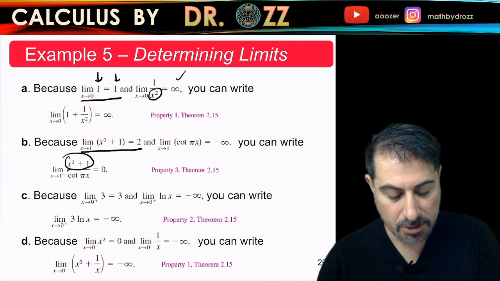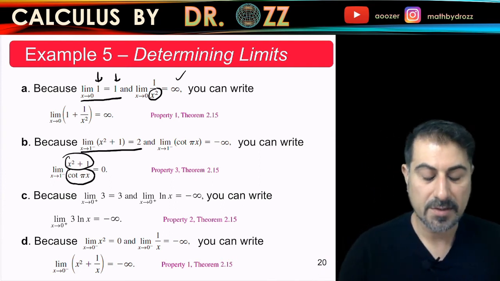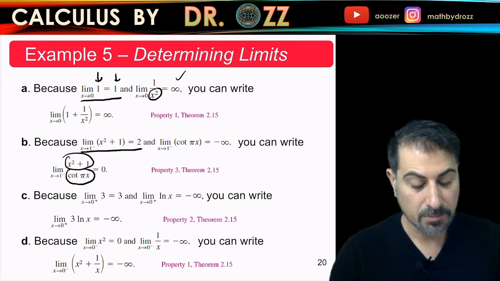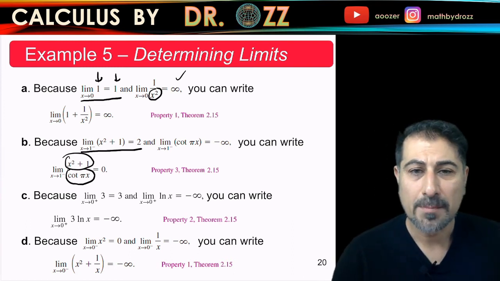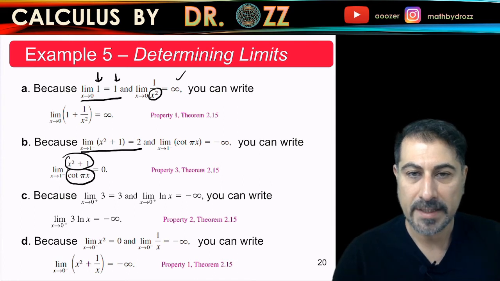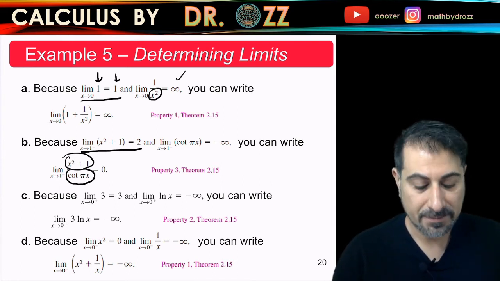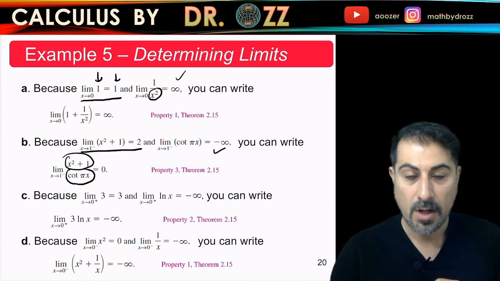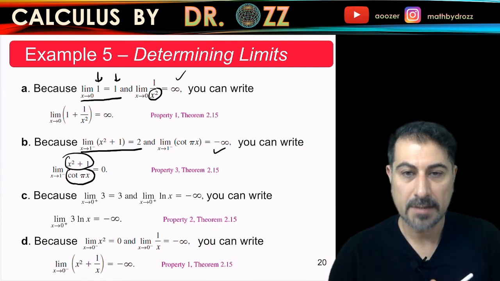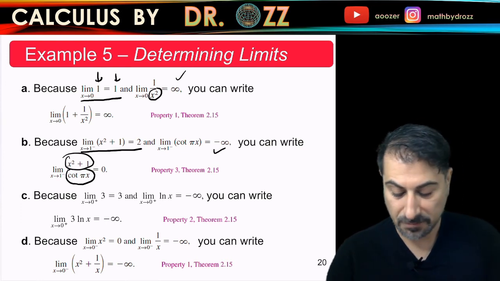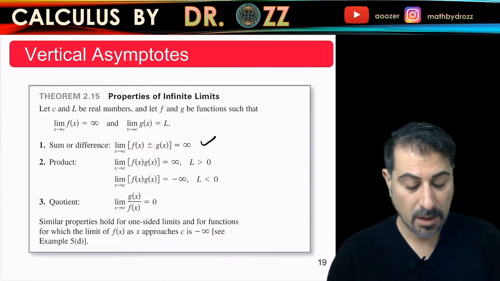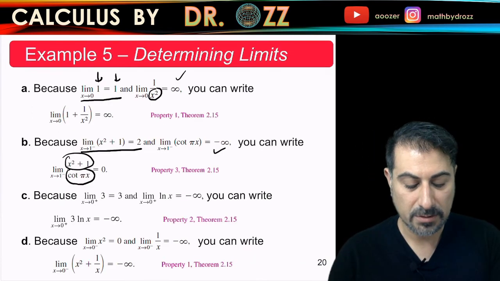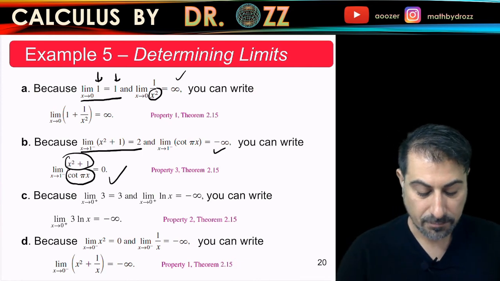For the quotient, we have to be careful because as you get closer to 1 from the left, you're almost on the left of pi, but pi is an asymptote for cotangent, and you can check it by graphing this function. Then this limit is going to be negative infinity. So the top is finite, the bottom is approaching negative infinity. We're in the last case here: finite divided by infinite is going to take you all the way to 0.